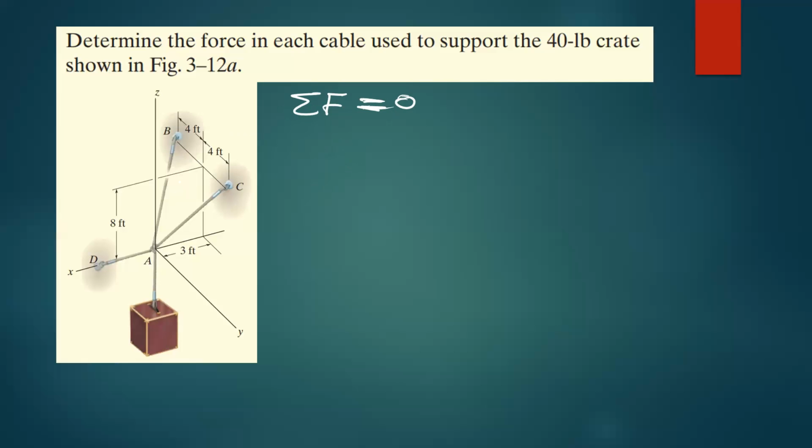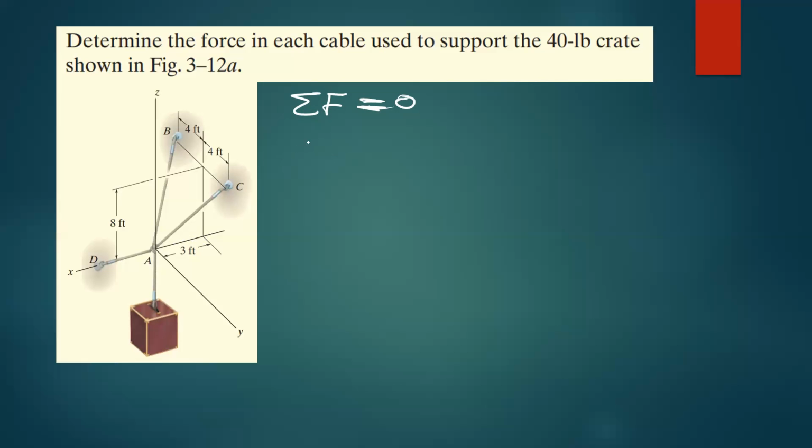We need to find the unit vector along the cable AB, the cable AD and the cable AC. When you find the unit vectors, we multiply by their forces. Then we solve the resulting equations simultaneously to get the values of all the forces.